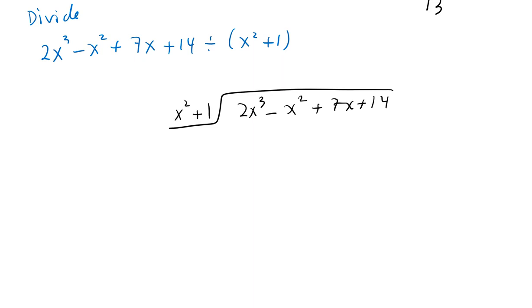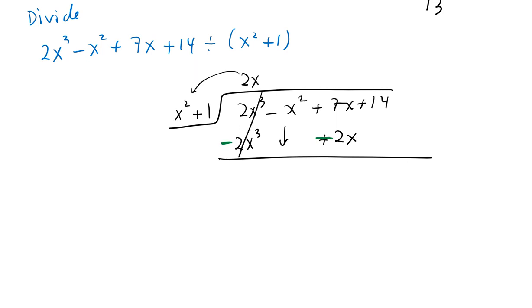So what goes on the top? To get the first one, I need a 2 and I need an x. Distribute this by this is 2x cubed. 2x by 1 is 2x, so write it down below the x part. We always switch the signs and add, or you can subtract. So these cancel, bring that down.